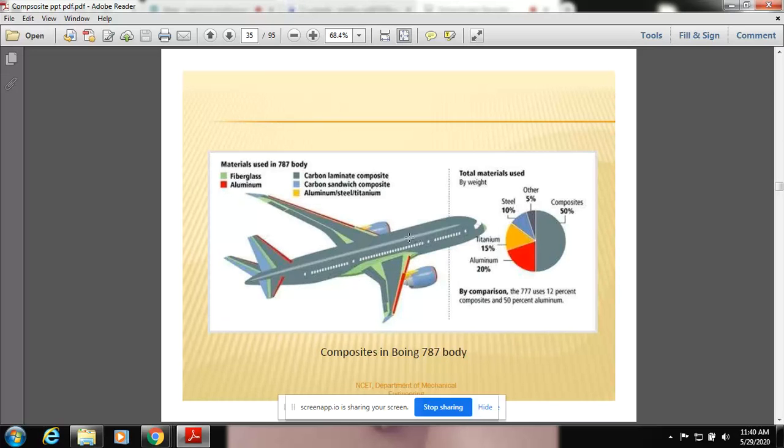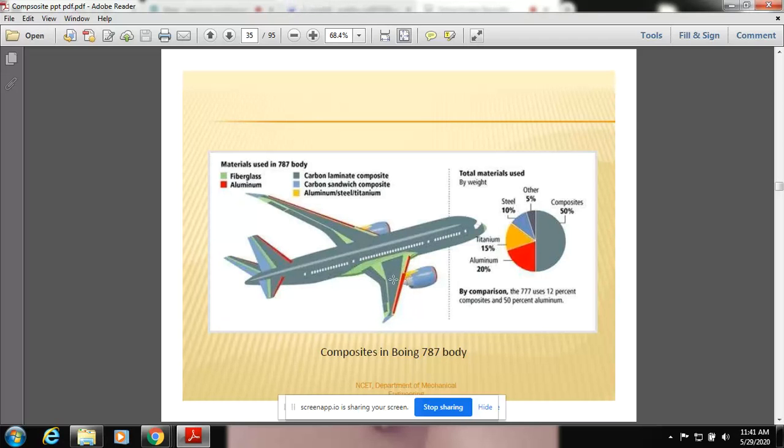You can ask, sir, why do you have to go for fiberglass here? Why can't you go for another kind? See, they mentioned here carbon laminate composite. Why can't you go for this portion with carbon? See, if we consider the wing to be a cantilever beam, since one side is fixed and the other side is free, and at the midpoint of the wing the load is acting, right?